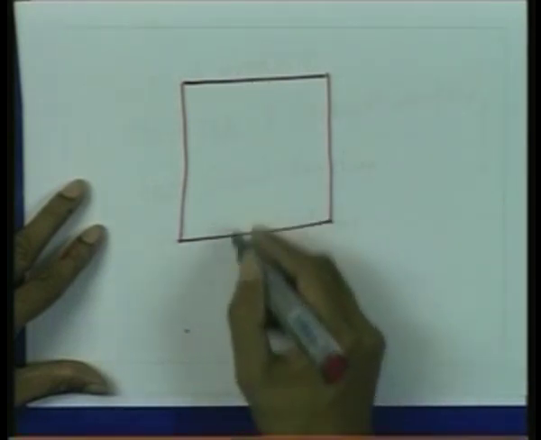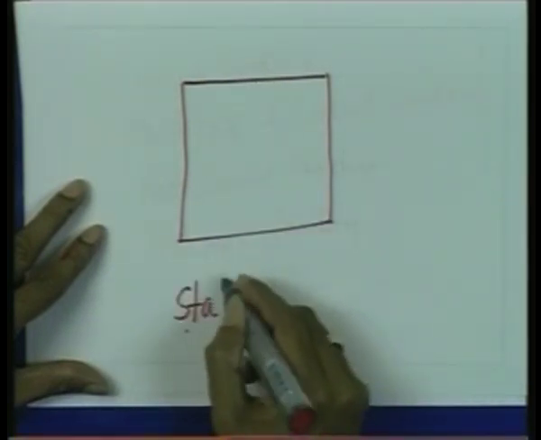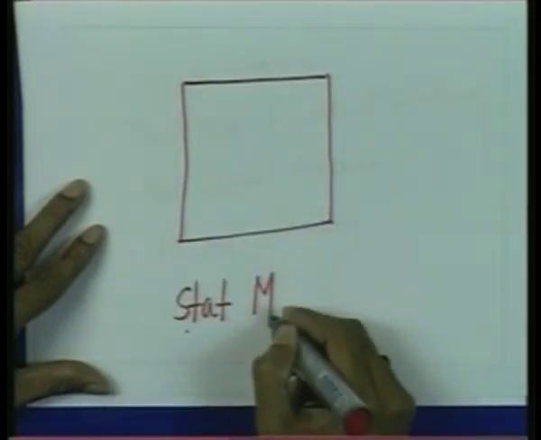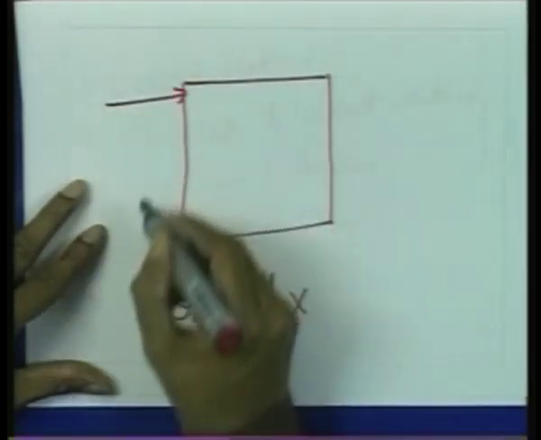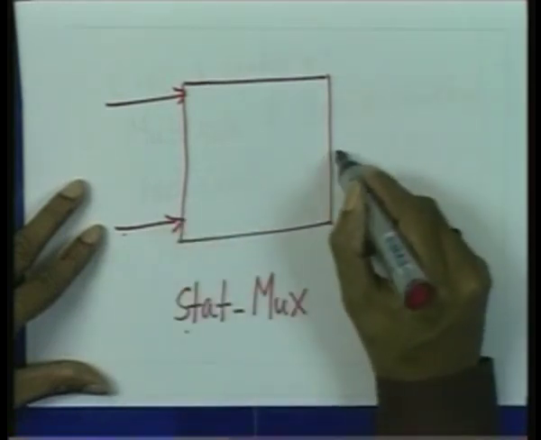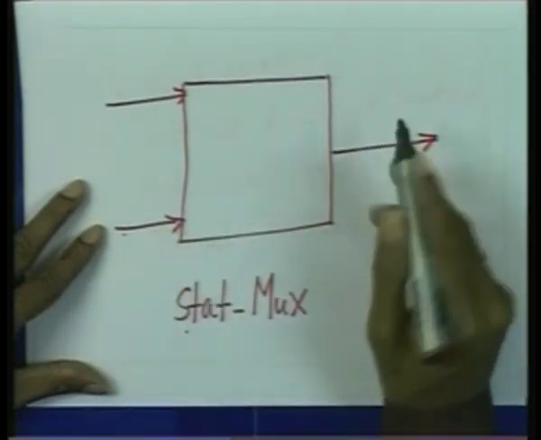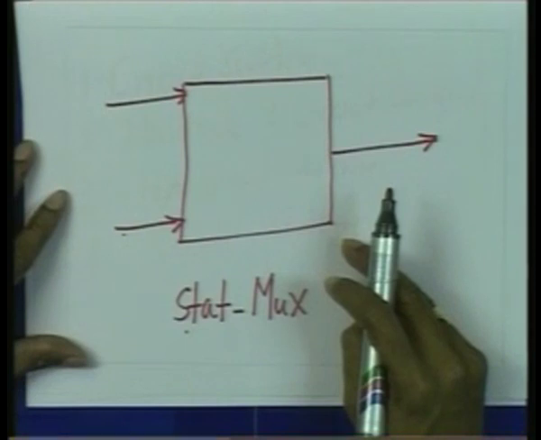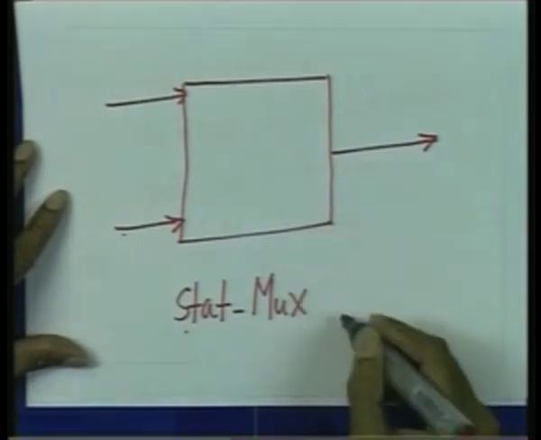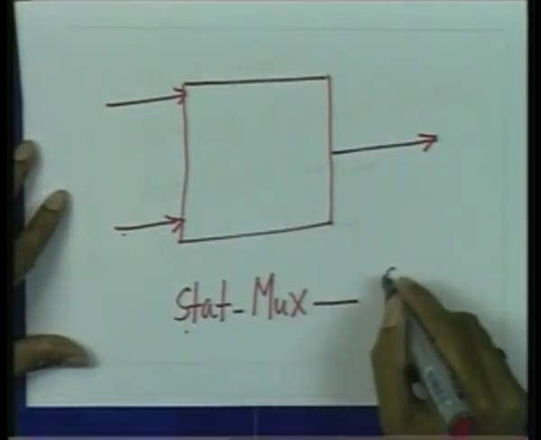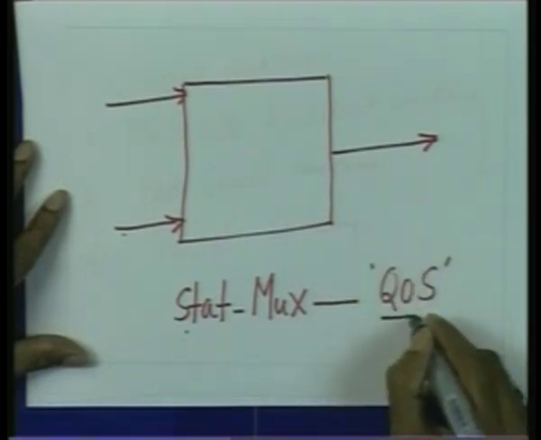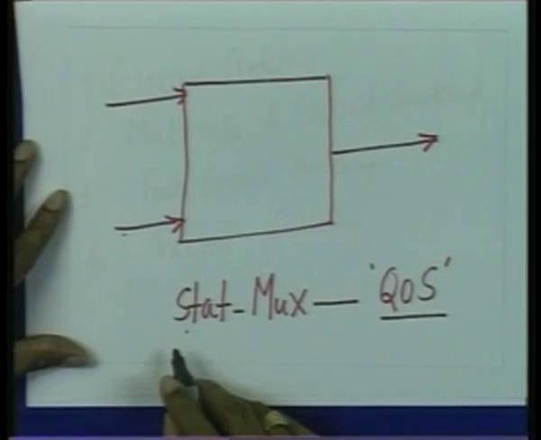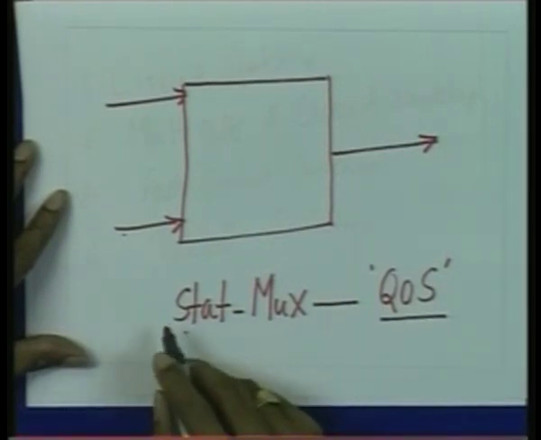So now here we are talking of a statistical multiplexer, StatMux, which can offer certain quality of service guarantees. So, we are saying a statistical multiplexer which can offer certain quality of service guarantees, what is called QoS.